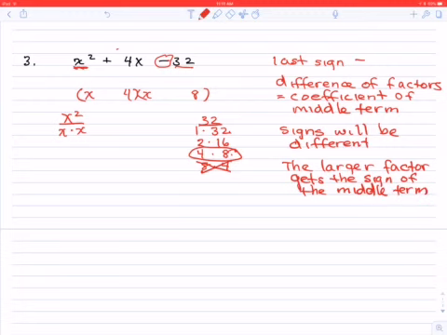So the larger factor is 8. The middle term is positive, so the 8 gets a positive. The signs will be different. The 4 will get the negative.